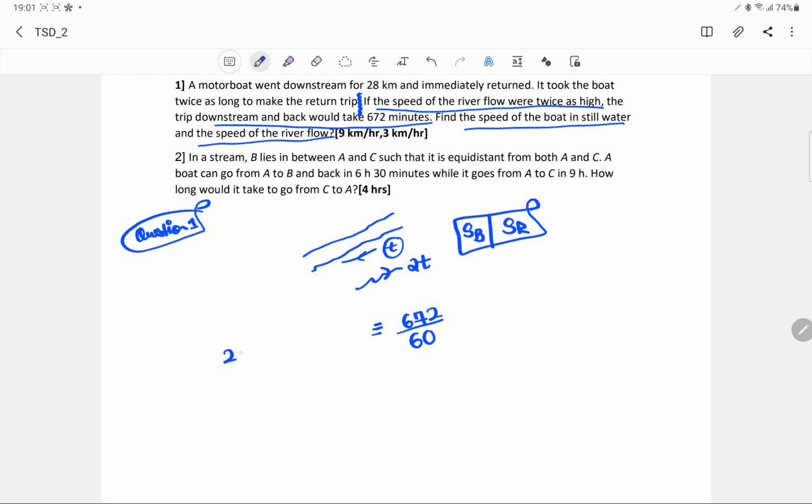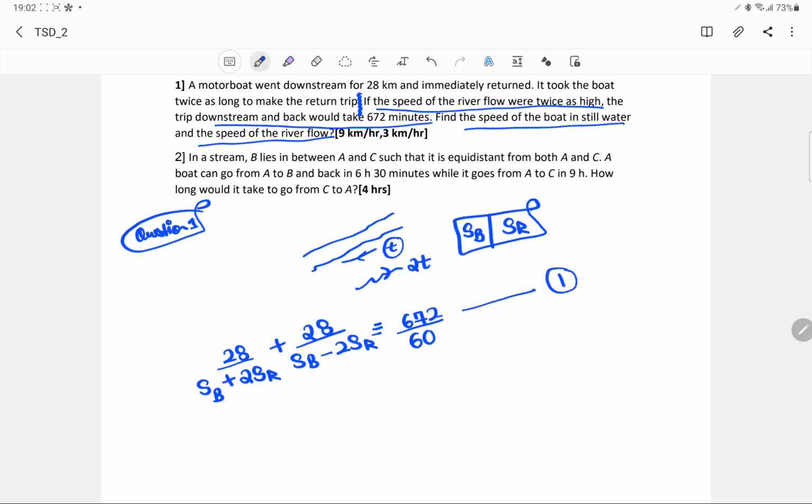Now it is traveling downstream, so it would be 28. We have to find out the time. This would be 28 upon SB plus 2 times SR, plus 28 upon SB minus 2 times SR.